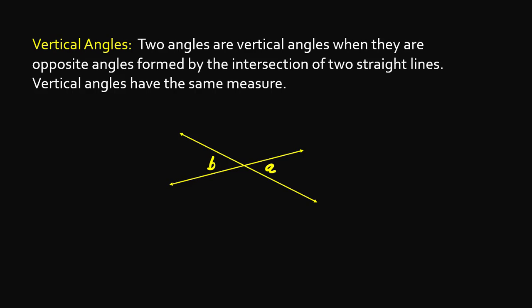A is the opposite angle of B, and C is the opposite angle of D. So in this case, we could say that A equals B, and the measure of C equals the measure of D. Pretty easy so far, eh?